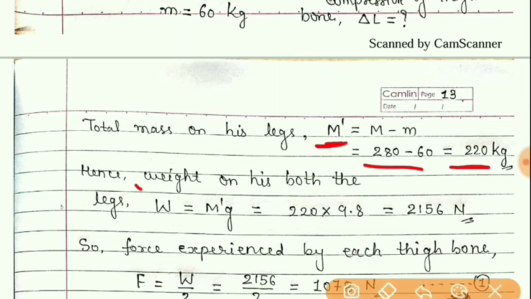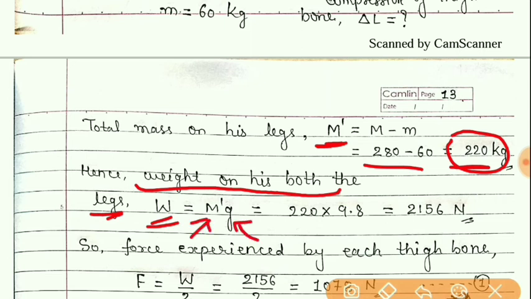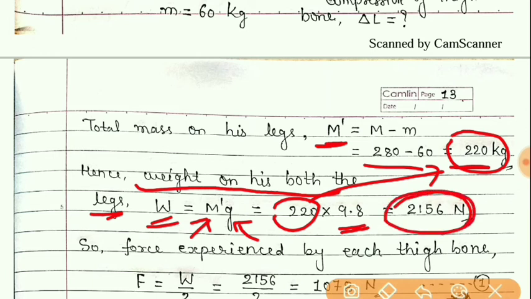So this weight is on both his legs. Here this is the mass, and if we want to find the weight, then weight is mg, mass into g. So mass is 220 and g is 9.8. So this much weight is on both his legs, 2156 Newton.